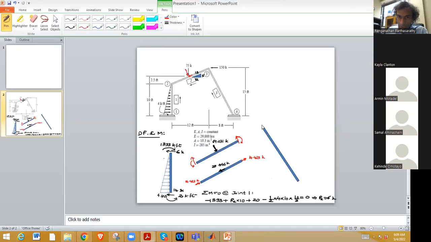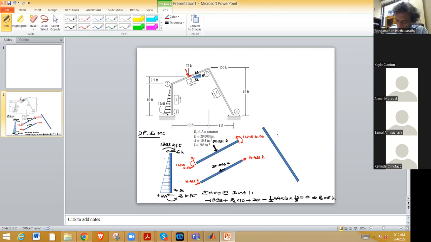So 69.231 P times L. L is 13 feet. So PL by 8 comes to 112.5 kip foot, 112.5 kip foot.